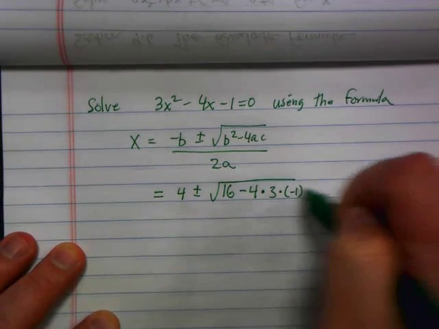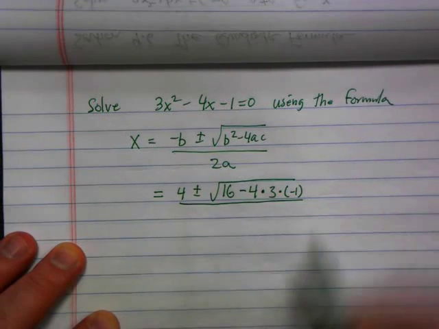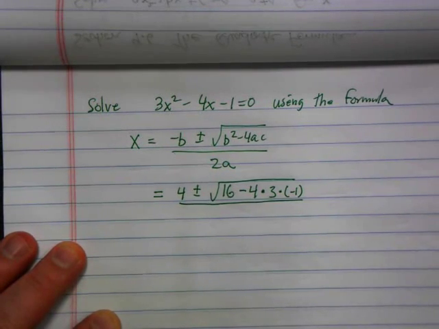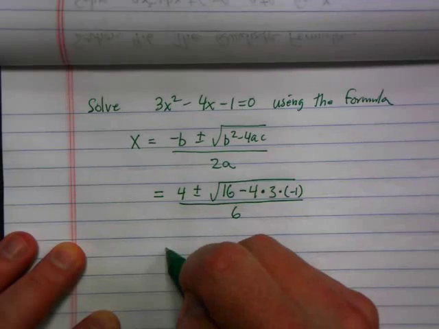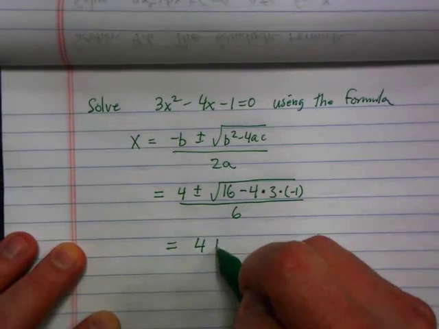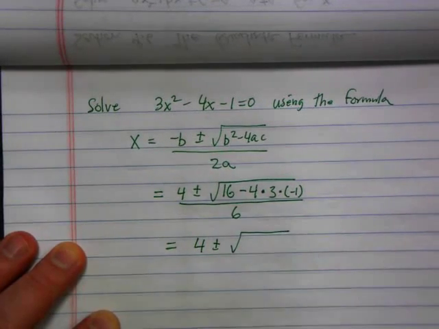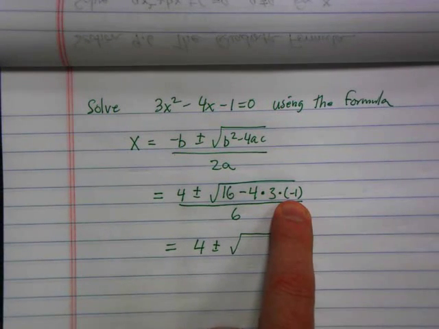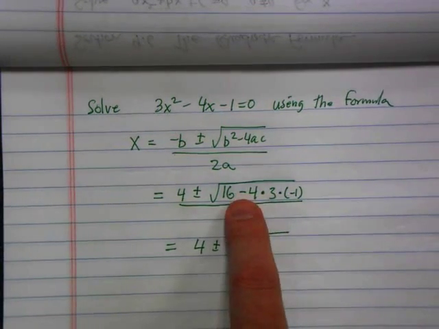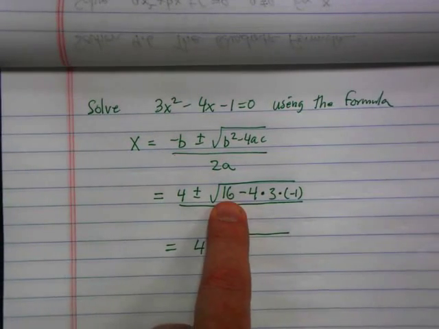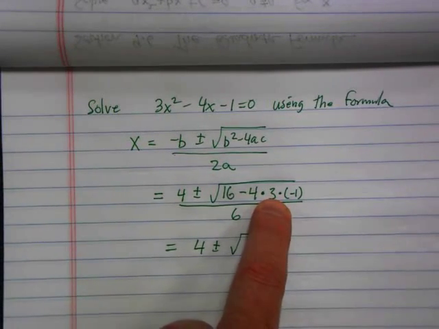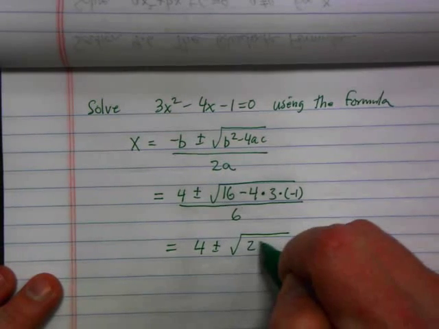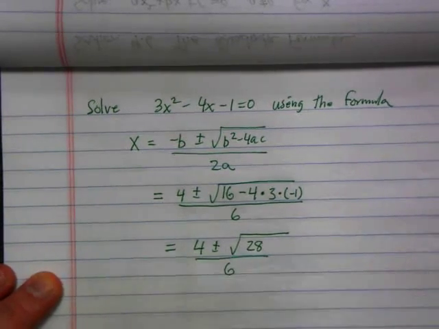Negative 1, all over 6. So that's 4 plus or minus the square root of, let's see, 4 times 3 times 1 is 12. And then I've got 2 minus signs, so that's going to make a positive. 16 plus 12? 28. Over 6.